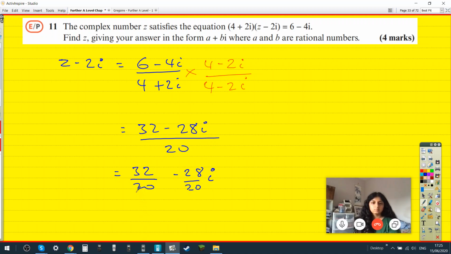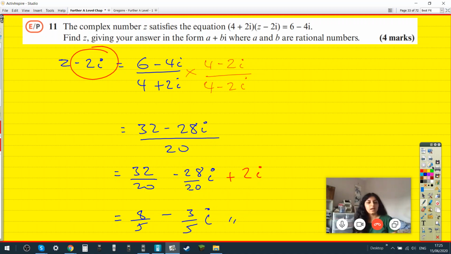Hmm? Nope. Oh. Plus 2i. Yep. That's 2 minus. Oh, you should have 3 over 5i. Why should I have 3 over 5? Because 2 minus 28 over 20 is 3 over 5. Oh. I just changed that one to 8 over 5. Yeah.